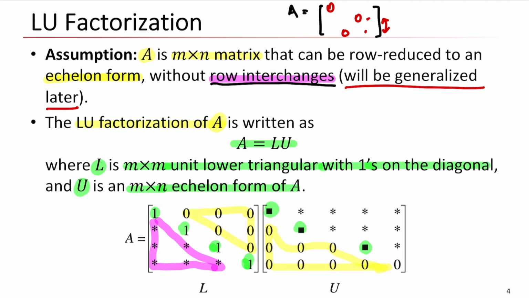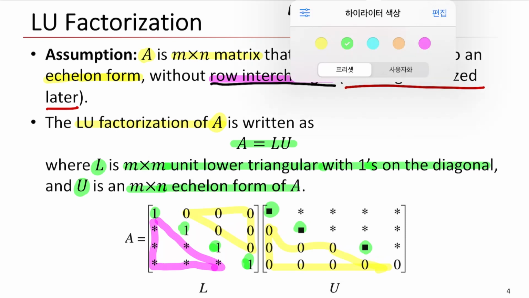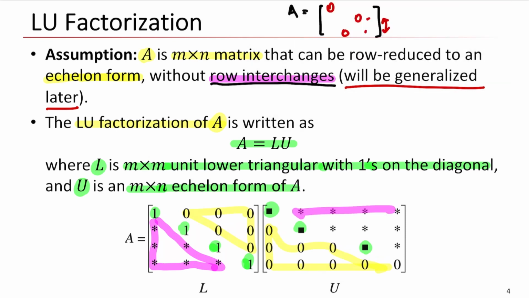There are non-zero or zero values here, but the pivot should definitely be non-zero. So this is the echelon form of the matrix A, and we can represent the original matrix A as matrix L times matrix U.